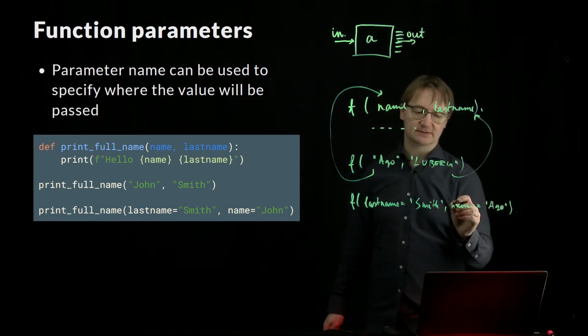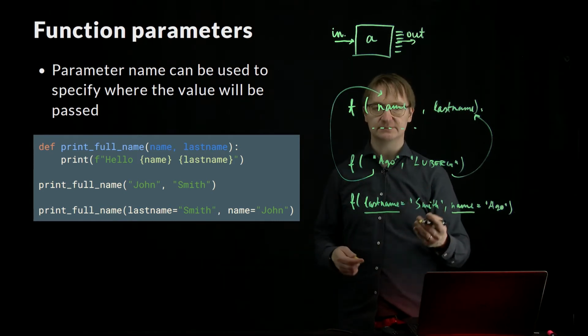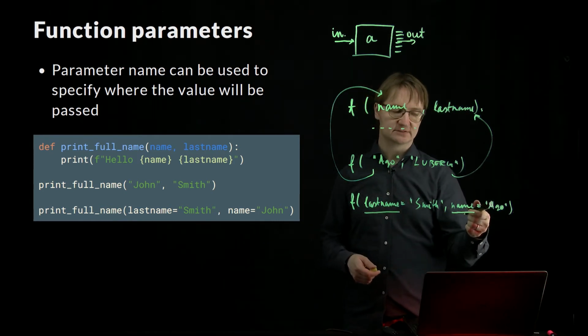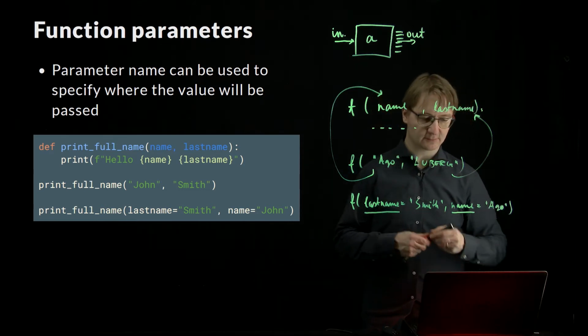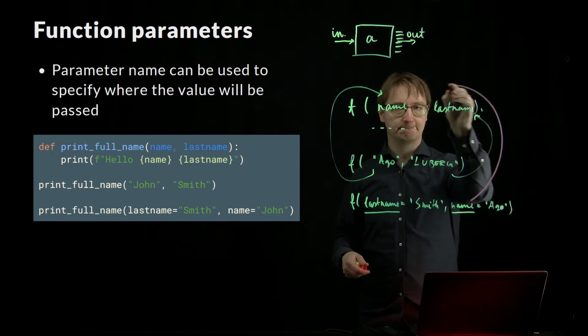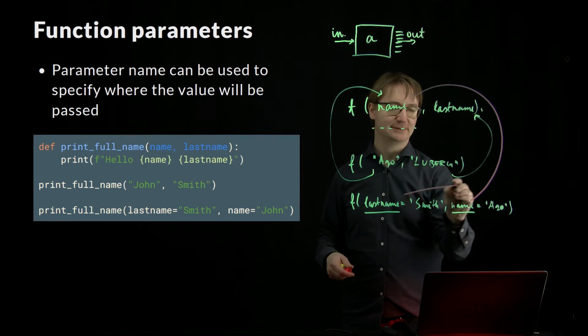Now, based on those parameter names, we can see that this value will get here. I will use another color here. This one will be passed here, and this one will be passed here.